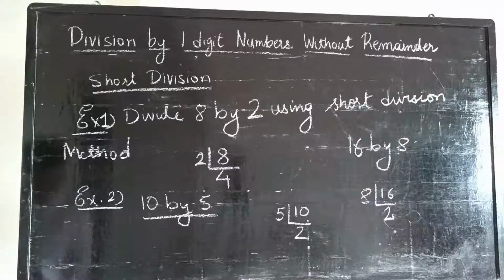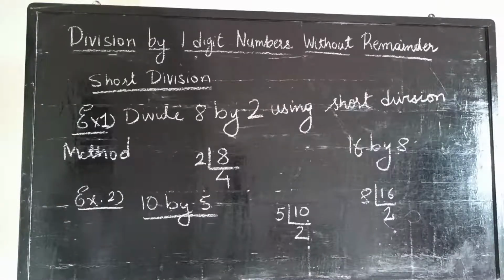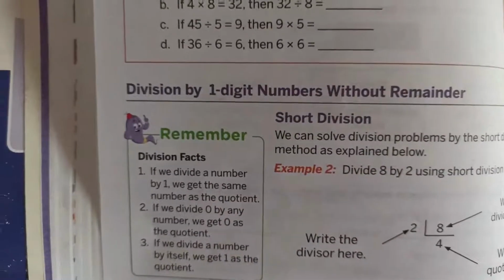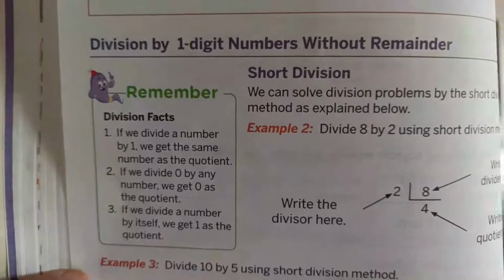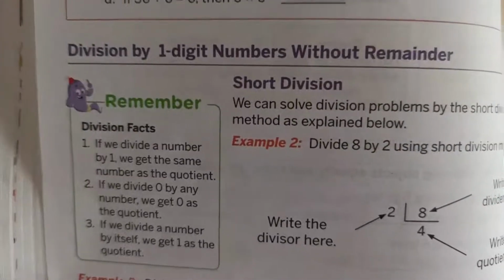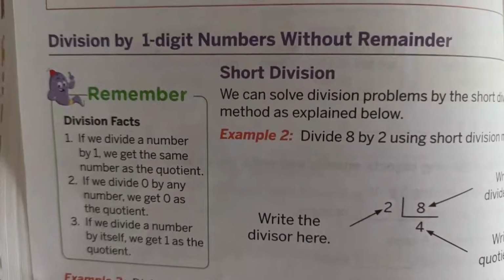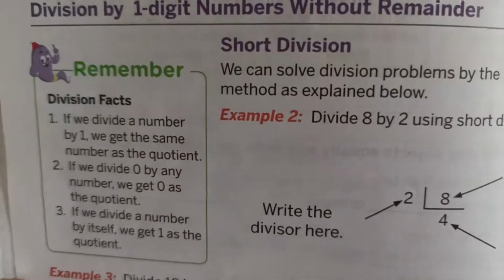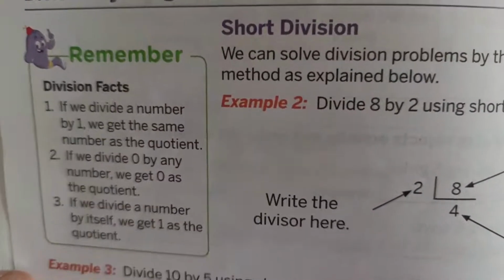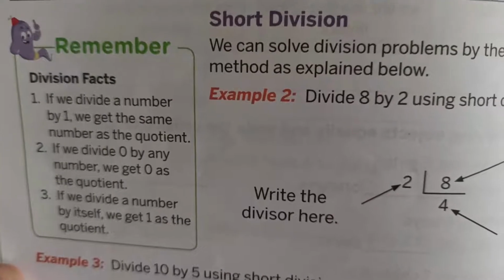Now you have to remember some facts. Look at page number 90. Remember some division facts, as given here. Number 1: if we divide a number by 1, we get the same number as the quotient.